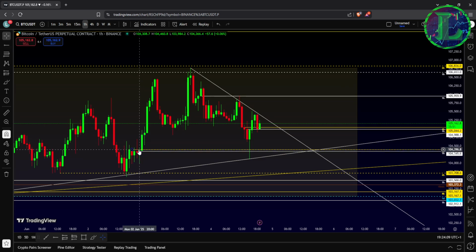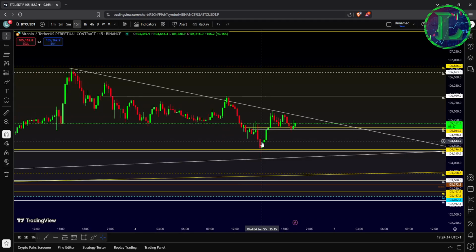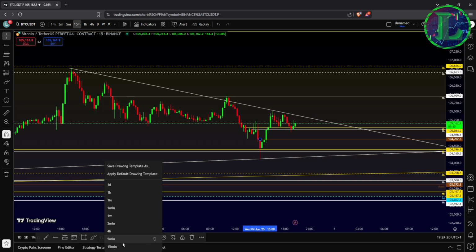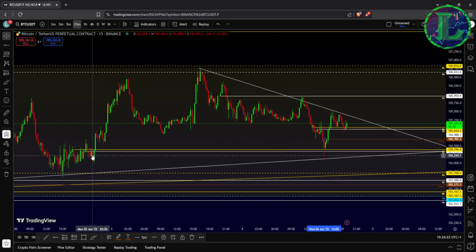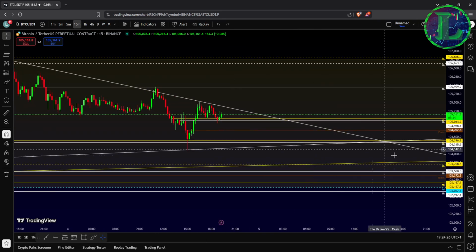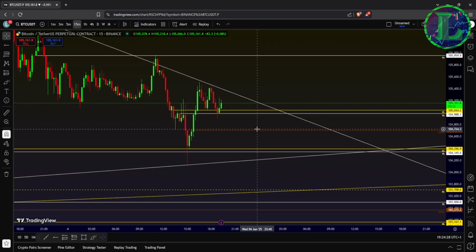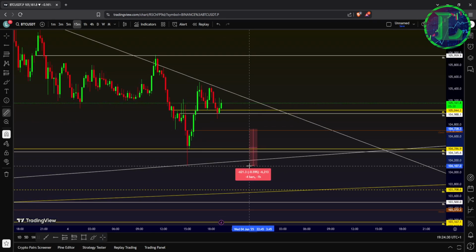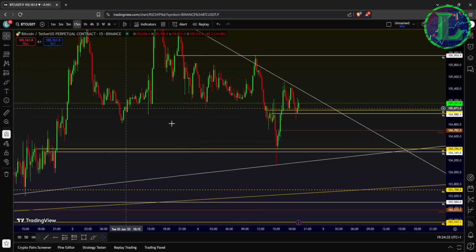I believe we can still bounce on this 1 hour actually. Let me go to the 15. Okay, we still have a 15 here that was not tested. Let me mark this 15. Yeah, we already touched that 15, but yeah, we can, oh, the spread, it's really, yeah, it's too much, the spread here.